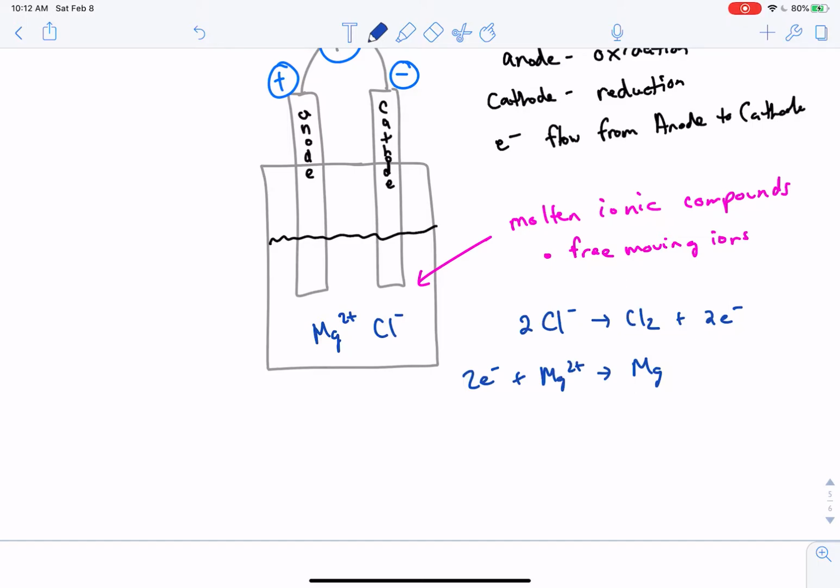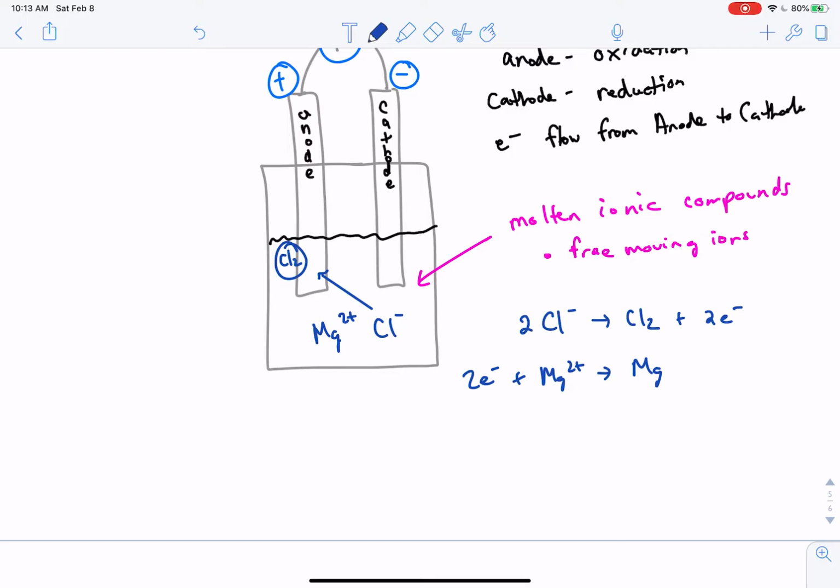So the Cl- is going to lose electrons, so it's going to go onto the anode and produce Cl2 gas, because it is oxidizing.